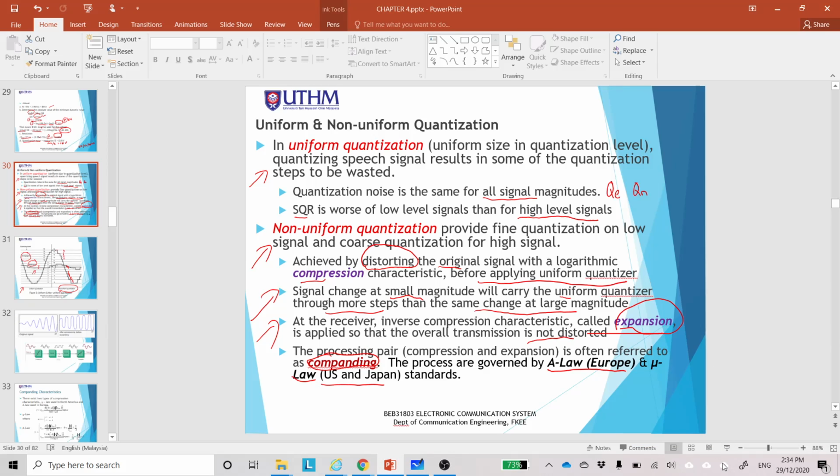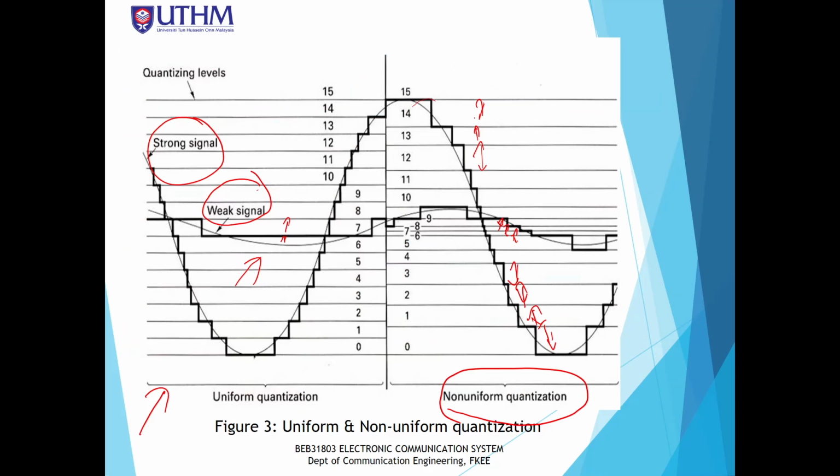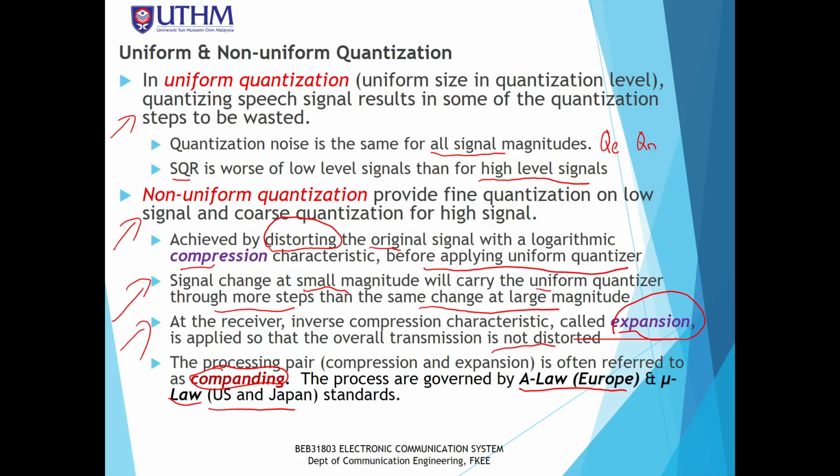Okay. So now we know that the companding process is done using A law and also mu law. Compression happens before the quantization process. Before quantization we have not done compression yet.